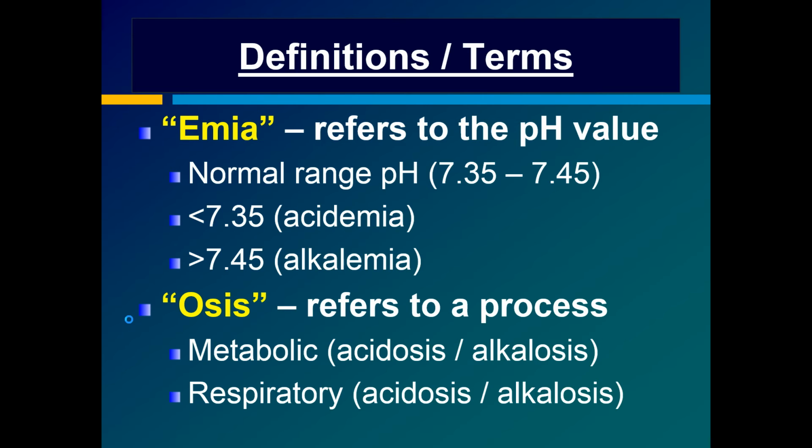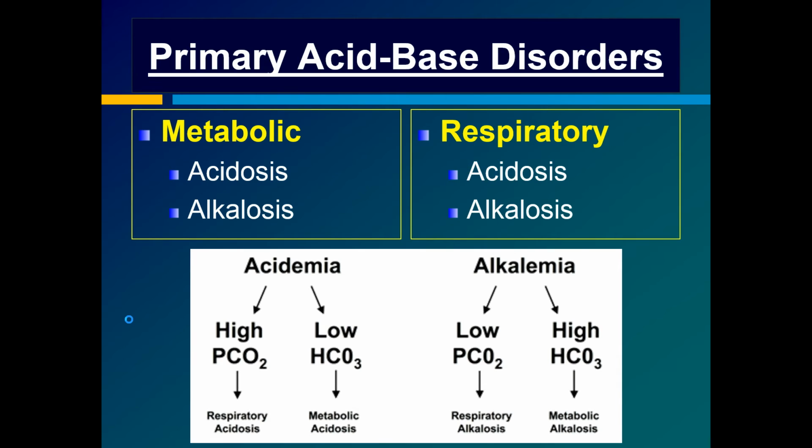There are four primary acid-base disturbances. There are metabolic processes, metabolic acidosis and alkalosis, and then there are respiratory conditions, respiratory acidosis and respiratory alkalosis. If you are acidemic, with a pH less than 7.35, that's typically going to be due to one or another condition.